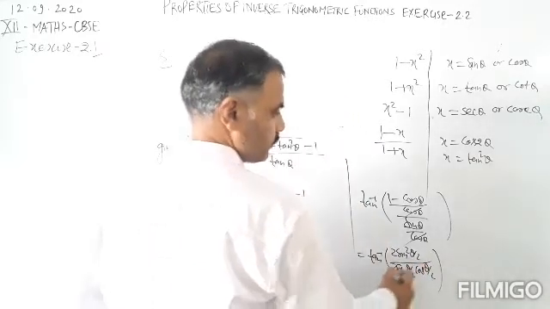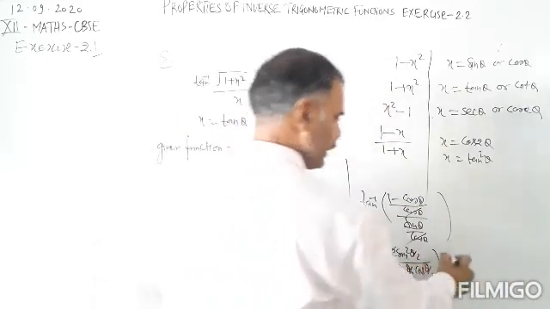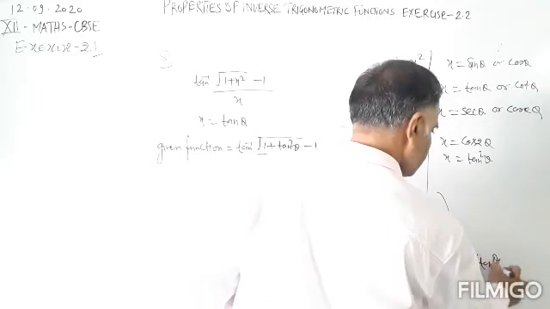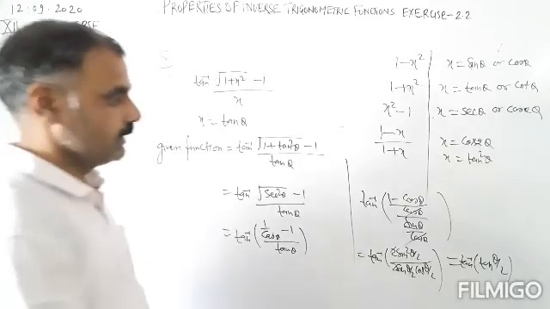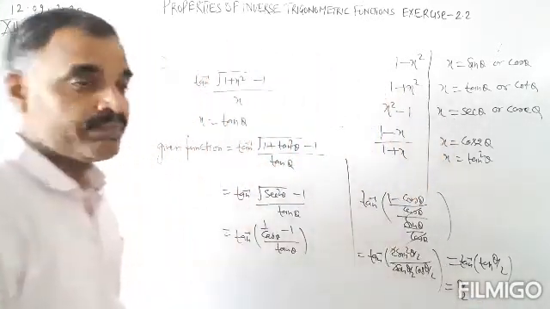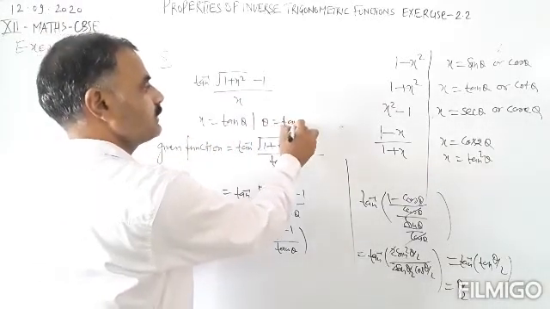Okay, so cancelling 2 sin theta by 2, this is equals to tan inverse tan theta by 2, that is theta by 2, and theta is equals to tan inverse x.